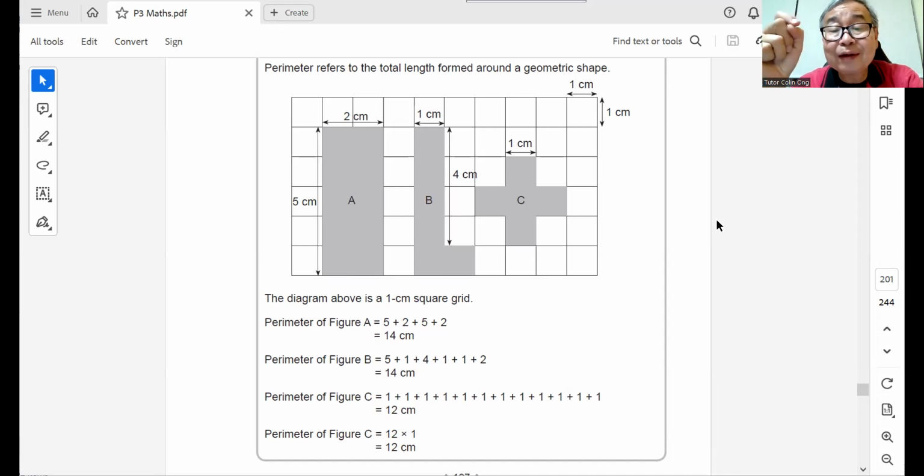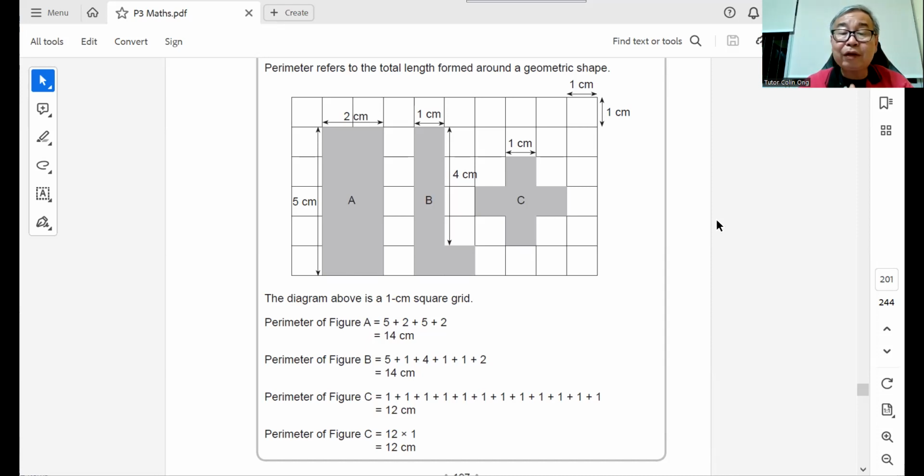And figure C, if you notice, each part is 1 unit. So you count the parts, upper top, right? 1, 2, 3, 4, 5, 6, 7, 8, 9, 10, 11, 12. There are 12 units or 12 cm, and this is why the answer is 12.